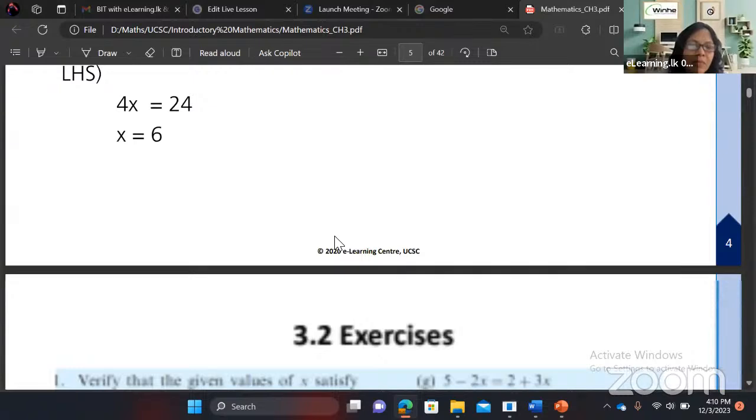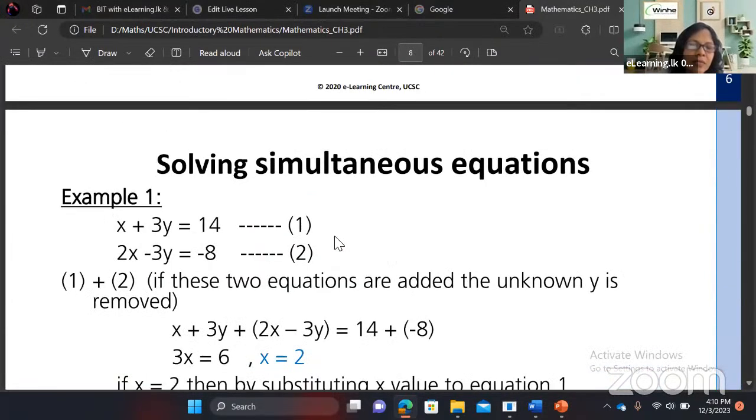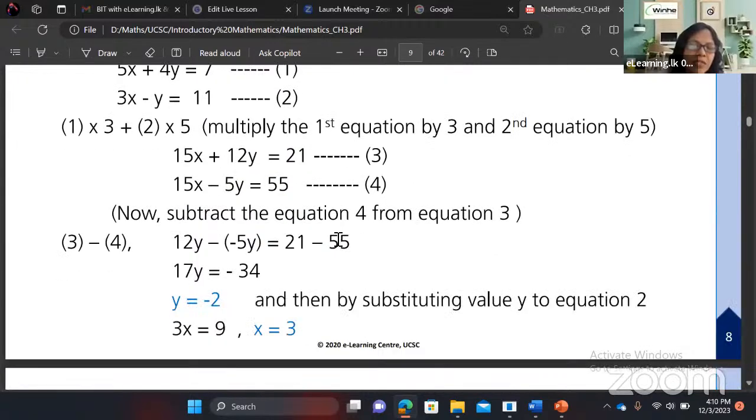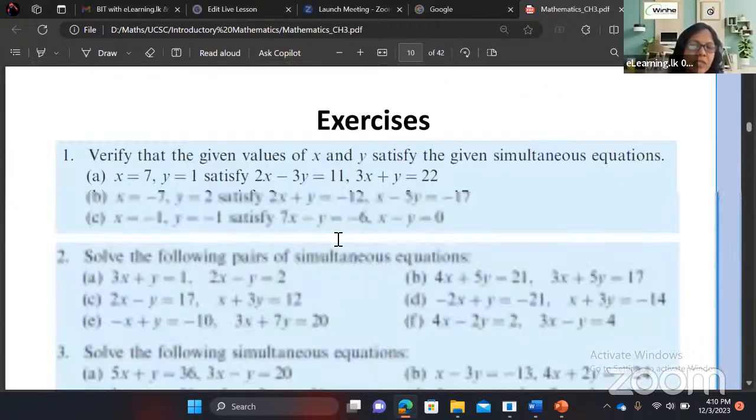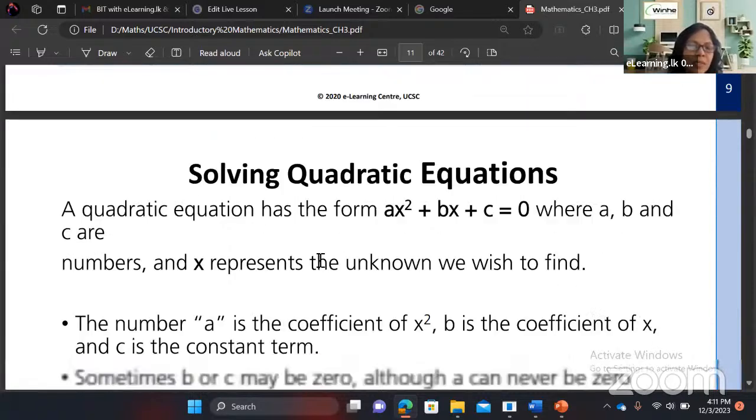Then we have learned about what? Linear equations with simultaneous equations. After that, we learned how to solve quadratic equations. So quadratic equations mean what? The equation with the variable which has a power of 2. Right?